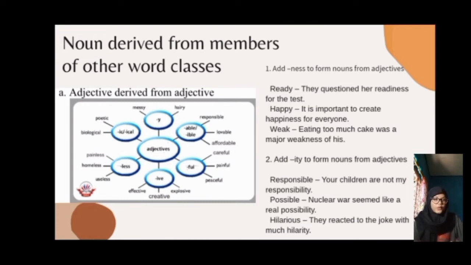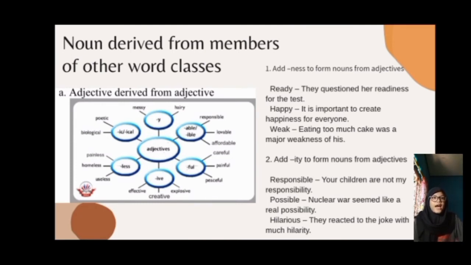Example, ready. They questioned her readiness for the test. Next, there is happy. Example, it is important to create happiness for everyone. Next, there is weak. Example, eating too much cake was a major weakness of his.